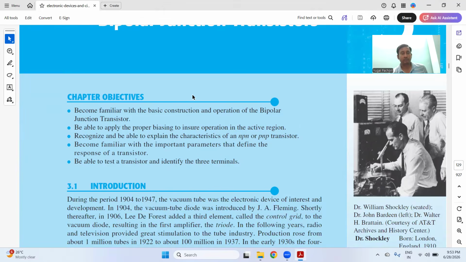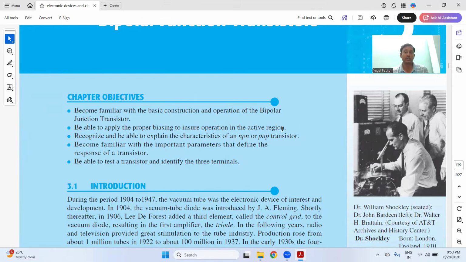Let me discuss the objectives that we will cover in this particular chapter from Robert Boylestad. We will become familiar with the bipolar junction transistor. We will be able to apply proper biasing to ensure operation in the active region. See, diodes work in two regions, forward bias and reverse bias, whereas the BJT works in four regions: active, reverse active or inverse active, cutoff, and saturation.